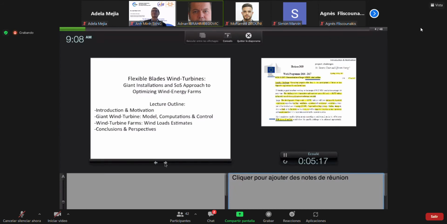There are really two main messages I wanted to convey, rather than just giving an introduction, motivation, conclusion, and perspectives. One is how to choose the proper modeling, computation, and control when you allow for flexible wind turbines. The second is how to get the best wind load estimates, because once you have an excellent model, you want the best possible loading. Otherwise, there's no point in having a very sophisticated model if your loading is very poorly defined.